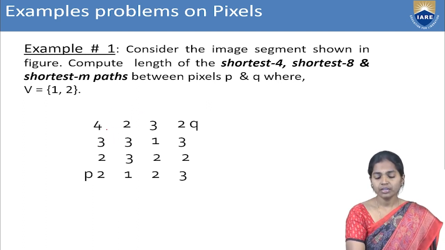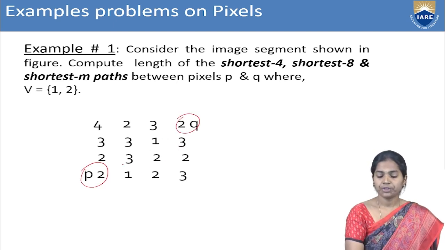Here the pixels of the matrix are arranged as 4, 2, 3, 2, 3, 3, 1, 3, 2, 3, 2, 2, 2, 1, 2, 3. In these pixels P and Q, where V equals 1, 2, the pixel values are 1 or 2. So how can we find the path from P to Q?